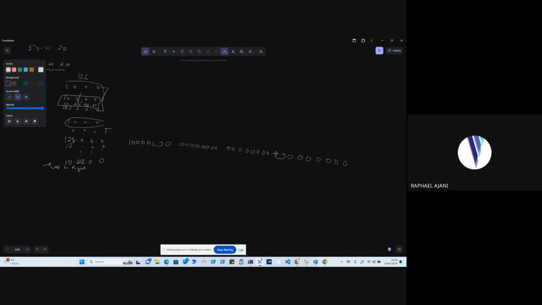Now, because it's incrementing this way, the next number here will be 1, 0, 0, 0, 0, 0, 0, 1, dot 0 dot 0. So it will keep incrementing until it gets to the next. Is it clear now? Do you understand now?